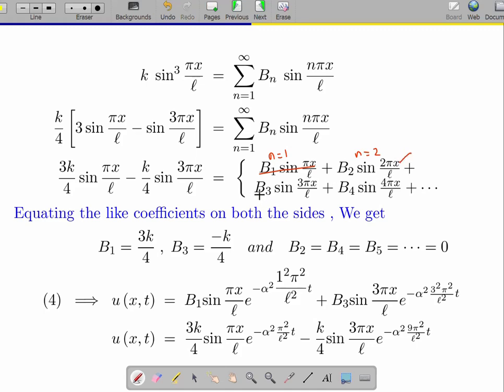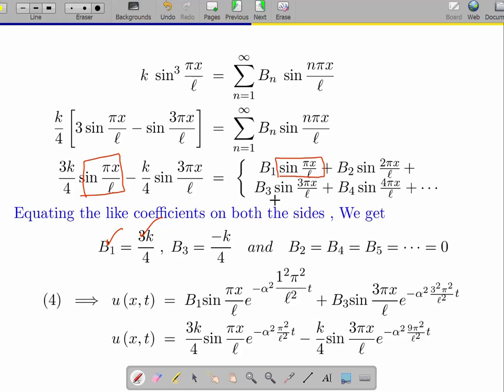Similarly, we replace n with 3, 4, 5, 6, and so on. Now I equate the coefficients on both sides. Considering sine pi x by l, on the left-hand side the coefficient of sine pi x by l is 3k by 4, and on the right-hand side the coefficient is b1. Similarly, next sine cube pi x by l.